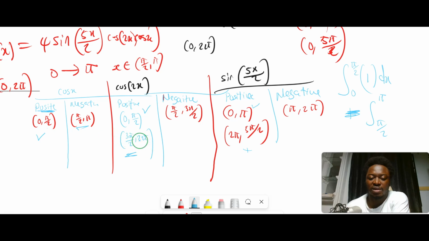What about 3 pi over 2? From pi to 3 pi over 2, what do we get? From pi to 2 pi, this part is negative. What about cosine? From pi to 3 pi over 2, cosine is also negative. So this is also going to be a negative.